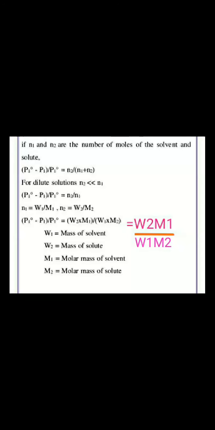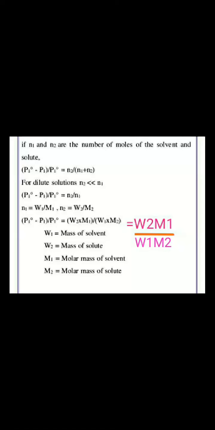For a dilute solution, what is a dilute solution? That is, the proportion of solute is very much less than that of solvent, and N2 is very much less than N1. Hence N1 plus N2 corresponds to N1. Hence relative lowering of vapor pressure is equal to N2 upon N1, that is, P1 naught minus P1 divided by P1 naught is equal to N2 upon N1.